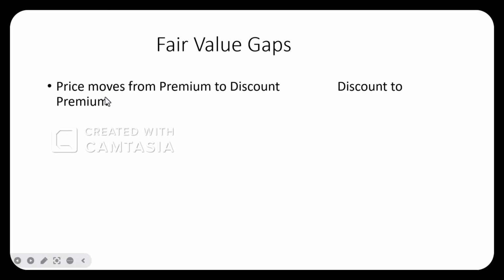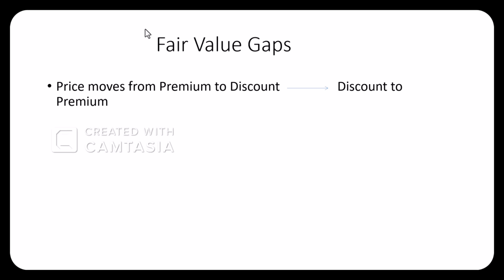So now let's go to fair value gaps. Now I said here that price moves from premium to discount, and from discount to premium. This is how the market works.